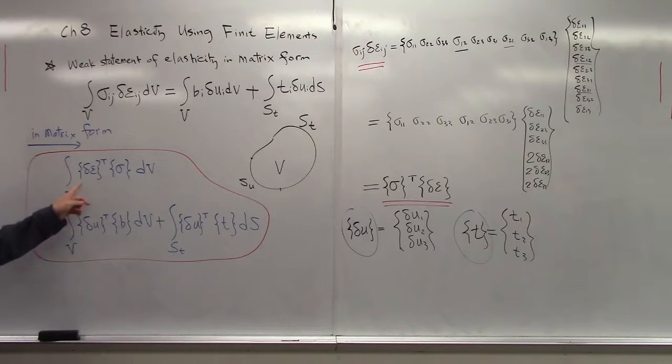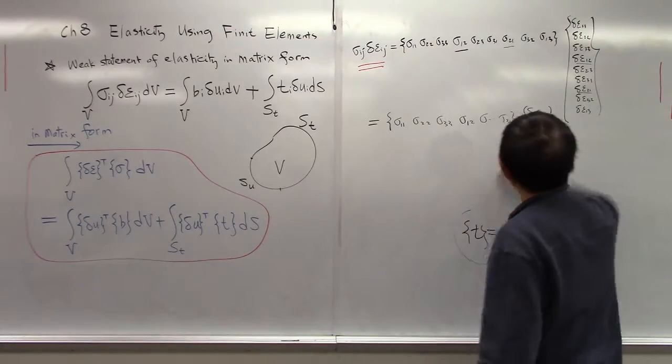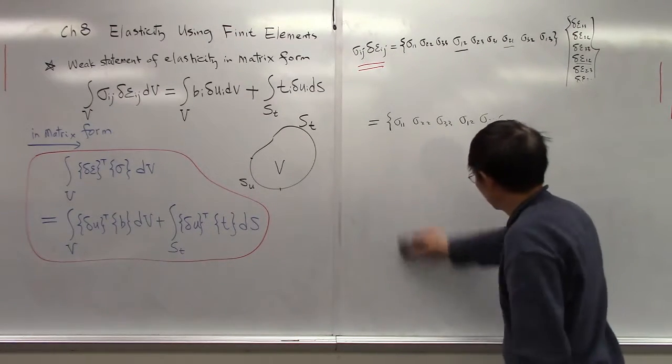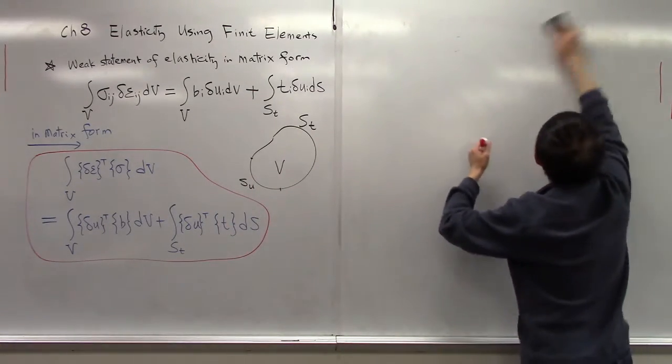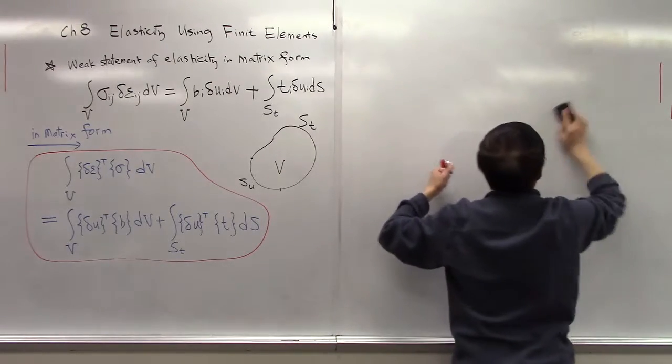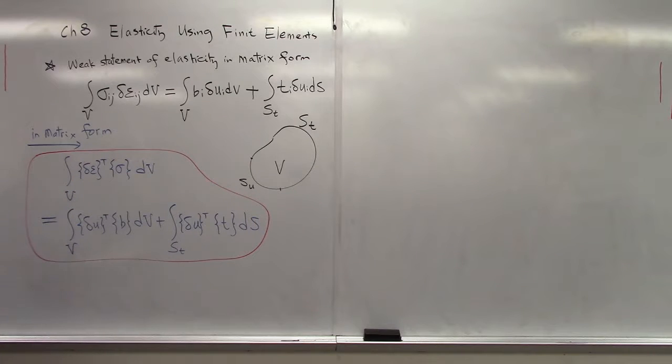The only thing you need to remember is that when we write the strain as a vector form using 6 components, the shear strain should be engineering shear strain, not the tensorial shear strain.